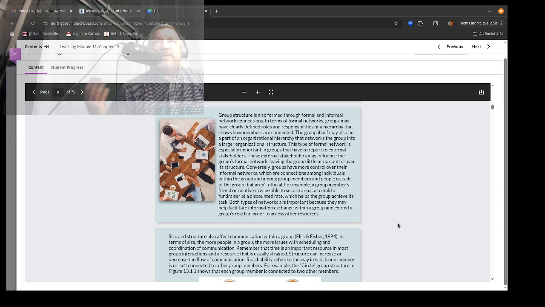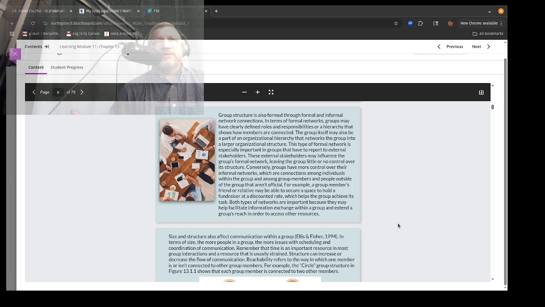So think about it, a group member's friend or relative may be able to secure a space to hold a fundraiser at a discounted rate at a venue, right? And that helps the group execute its goal, achieve its task, but yet they're not really formally a part of the group.